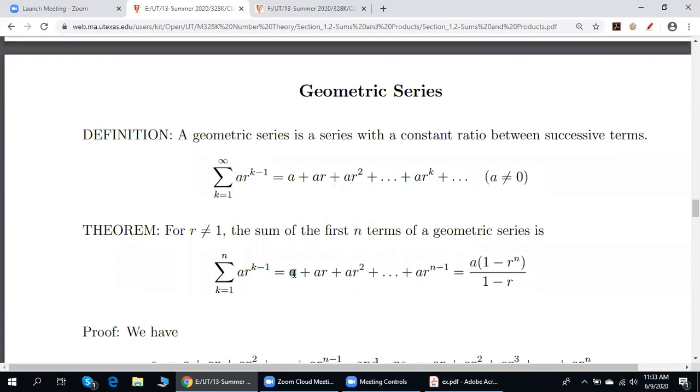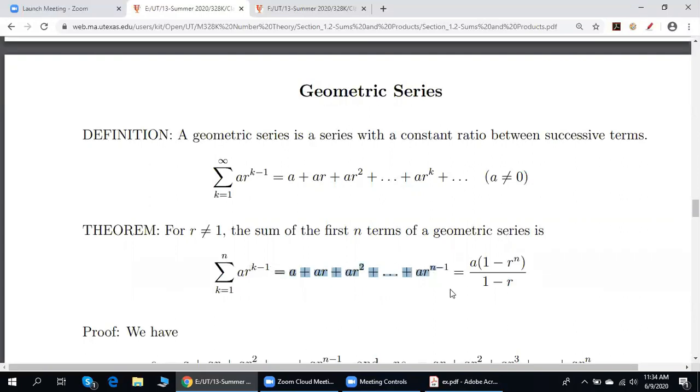So term number 1 is a. If k is equal to 2, we have a r to the power 2 minus 1, means r to the first power, plus ar. Term number 3, ar squared, and so on. The last term, ar to the power n minus 1.